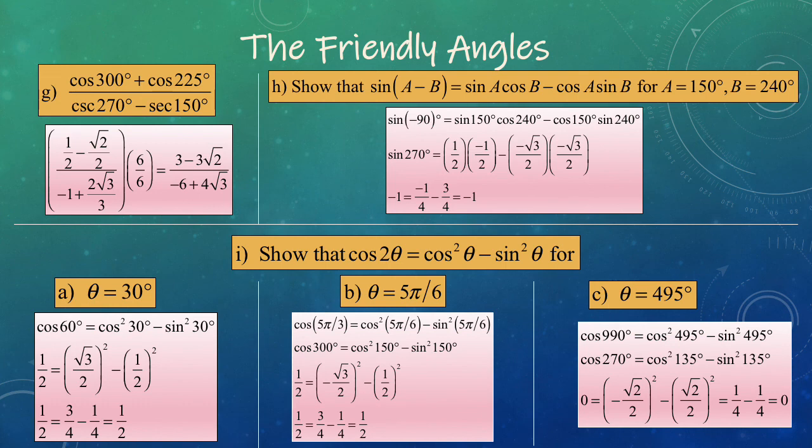Cosine of 270 degrees is a quadrant angle and is 0. And cosine of 135 degrees is negative square root of 2 over 2, while the sine of 135 degrees is the square root of 2 over 2. When we square each of these and subtract, we get 1/4 minus 1/4, and that is equal to 0.